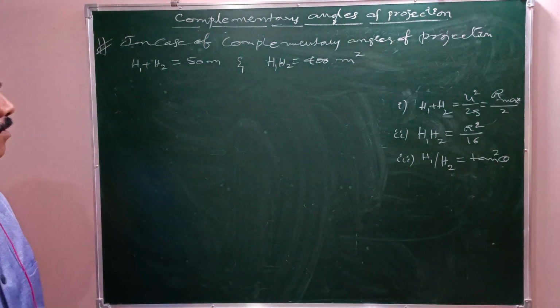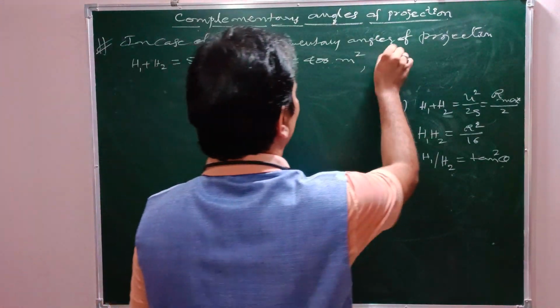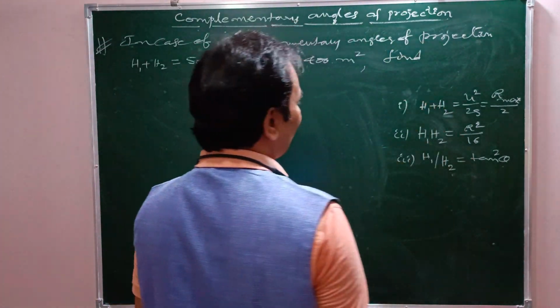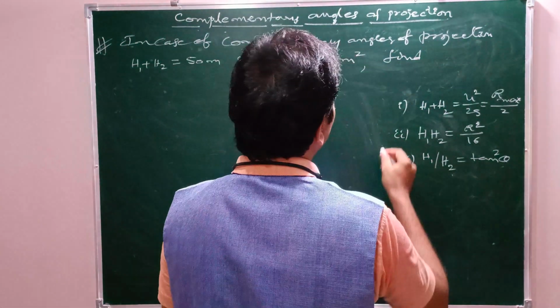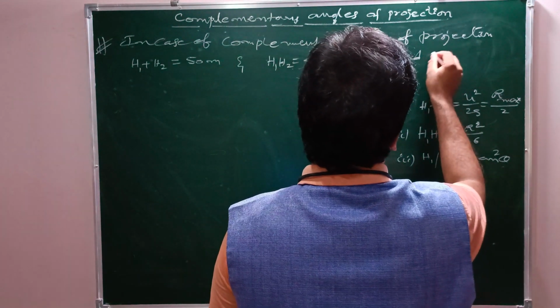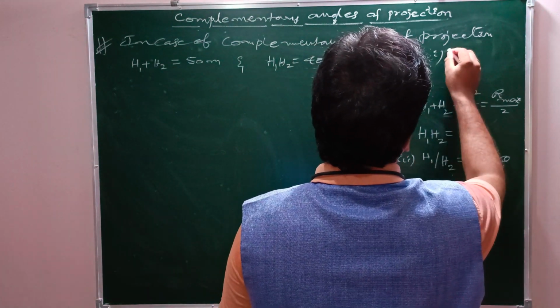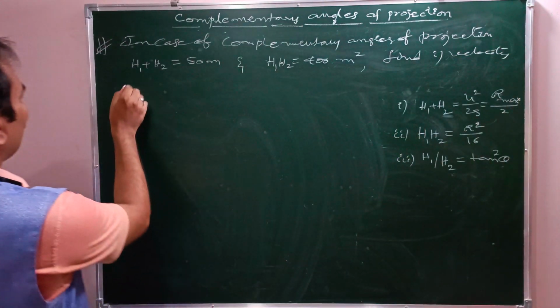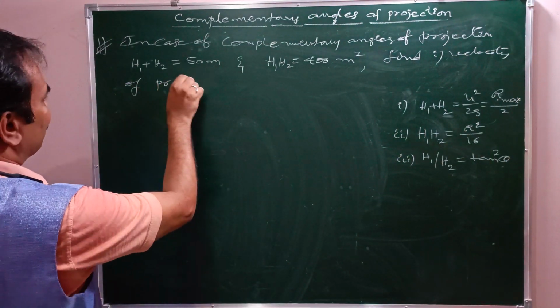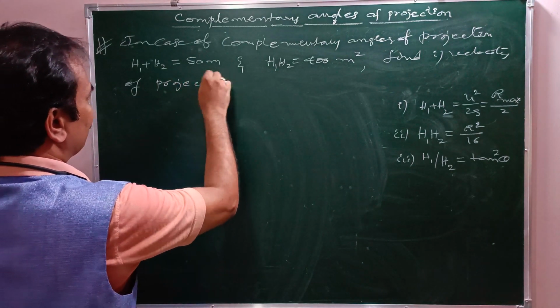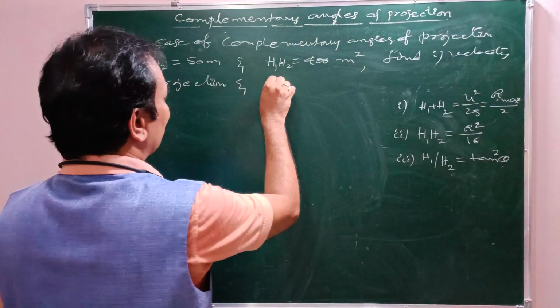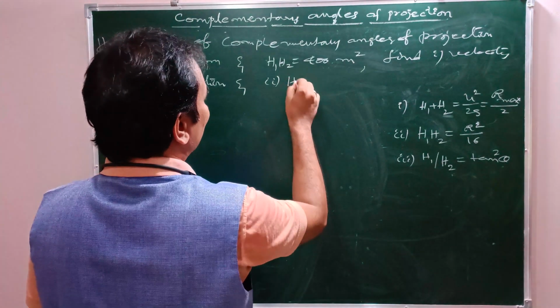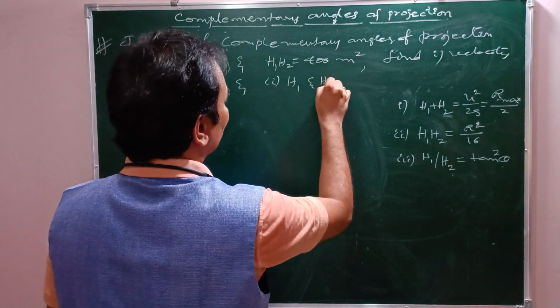Right? Now find number 1, velocity of projection. And number 2, respective heights h1 and h2.